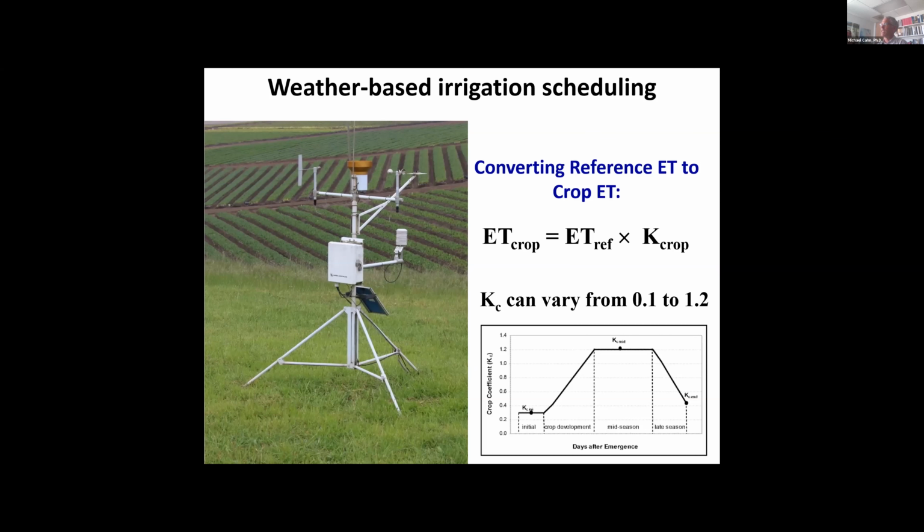And that reference ET data, together with a crop coefficient, can be used to estimate what's the right amount of water to apply to a crop to satisfy its water demand and minimize the leaching of nitrate, which is very mobile in soil.